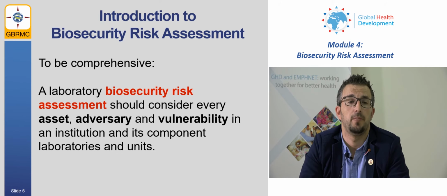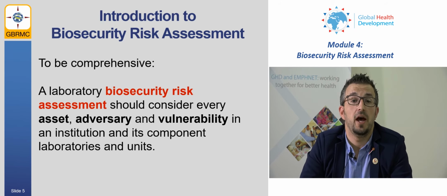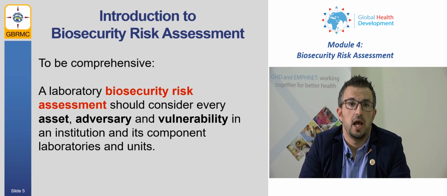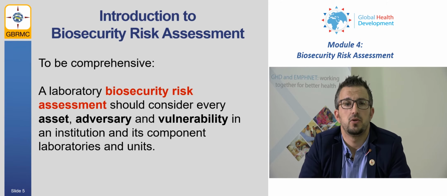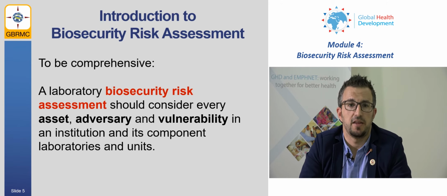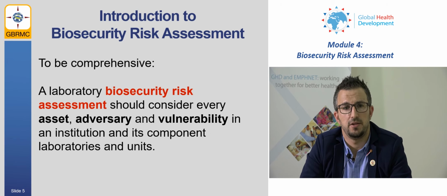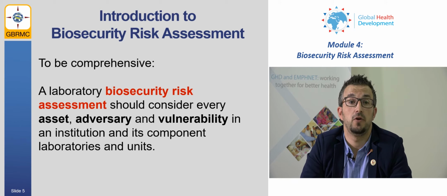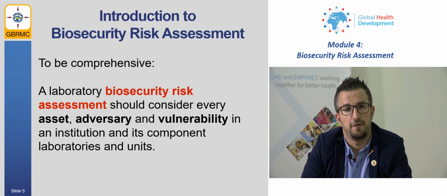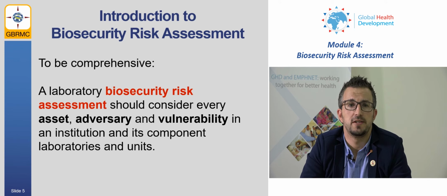Second, the adversary: who can attack our institution, intrude into our facility, and steal our biological material or even release it outside the institution. Third, the vulnerability in our institution, to define the gaps and which components need other mitigation measures, so we have a whole system for our biosecurity management system in our laboratory and institution.